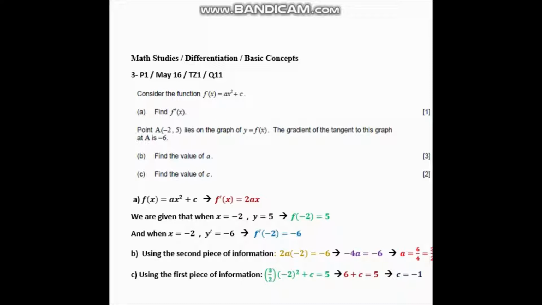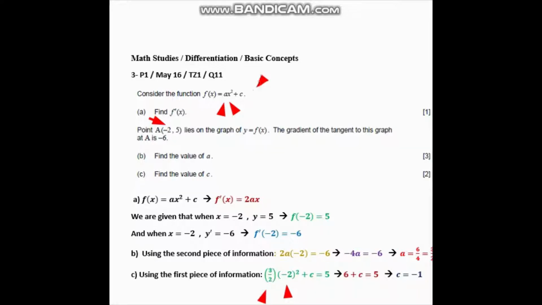So instead of this a, I'm going to write 3 over 2. Instead of the x squared, I'm going to write negative 2 all squared, because I know that I am required to find this information at point A, where x equals negative 2. So I'm going to use the x value of point A.